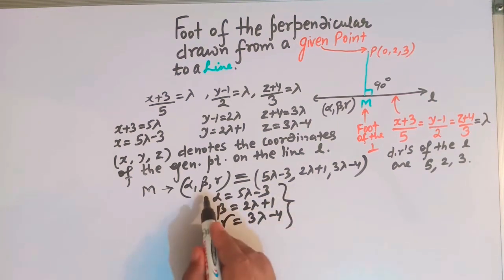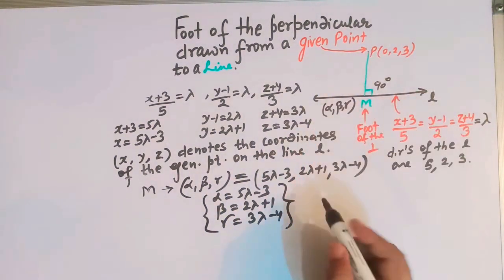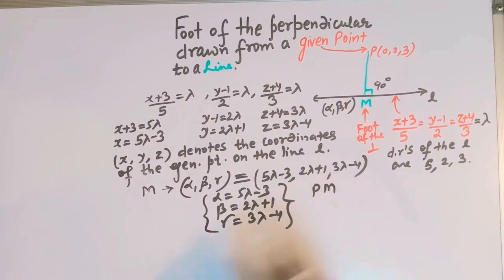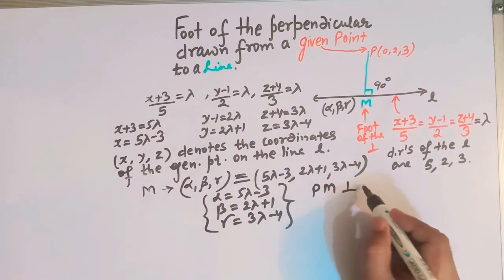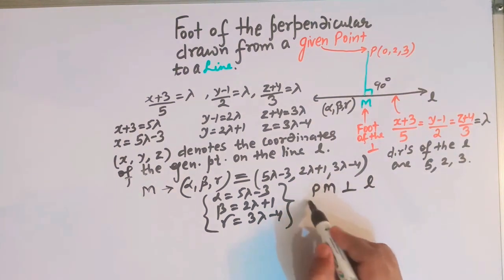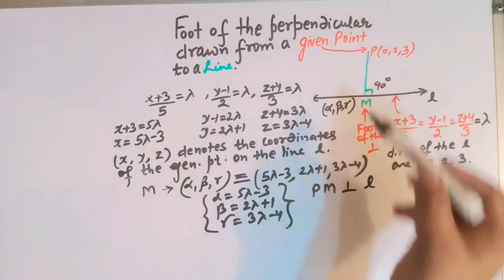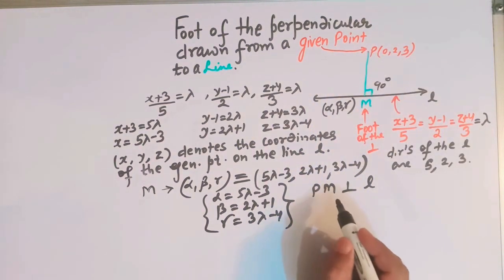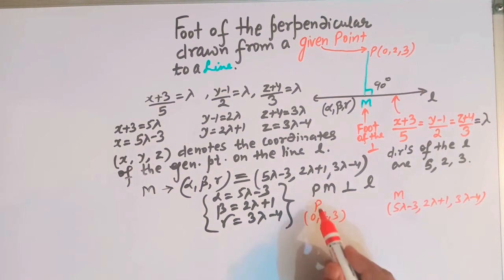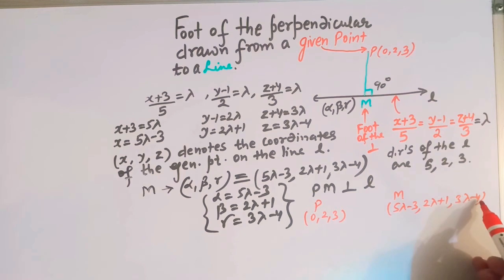Now we see that this line segment PM is perpendicular to the line L, and let us first find the direction ratios of this line segment PM, right? Now the coordinates of point P are 0, 2, 3, and the coordinates of M are 5 lambda minus 3, 2 lambda plus 1, 3 lambda minus 4.